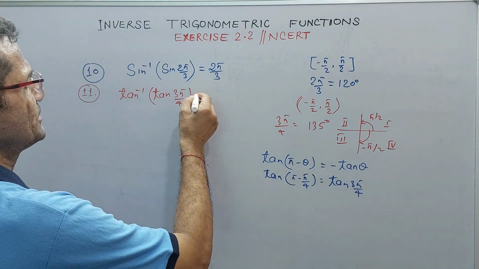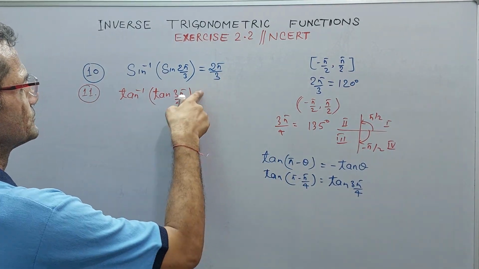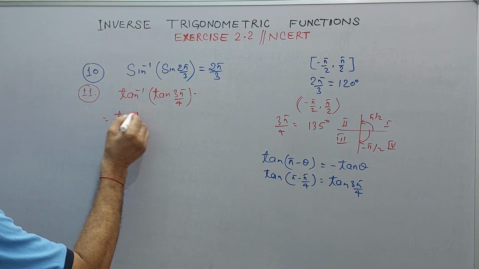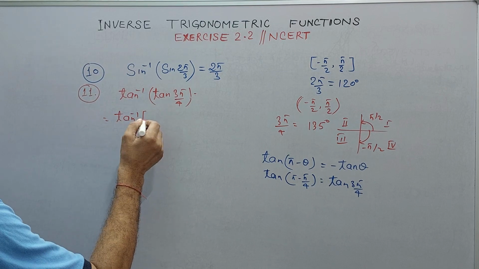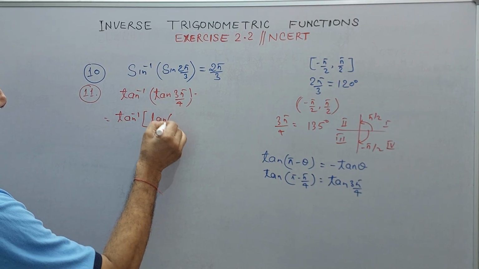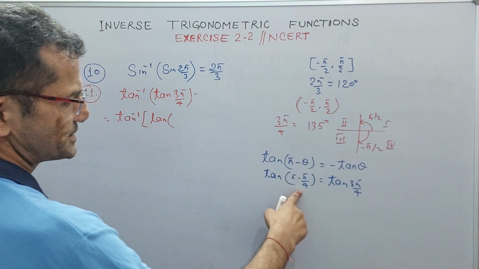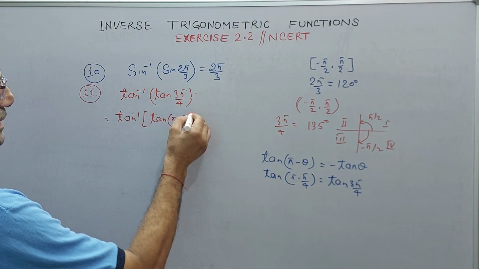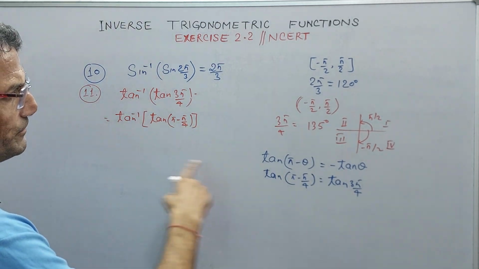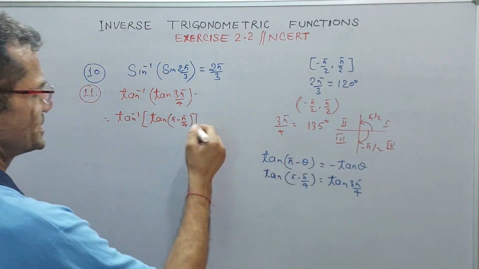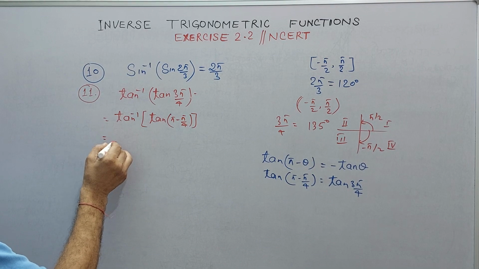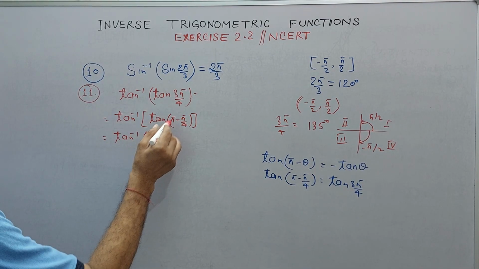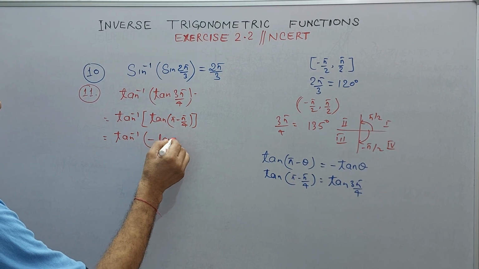So now the value comes out here: tan inverse of, in this bracket, tan 3 pi by 4 replaced by tan of (pi minus pi by 4), and we know that tan of (pi minus theta) is equal to minus tan theta. Now this becomes tan inverse of minus tan pi by 4.